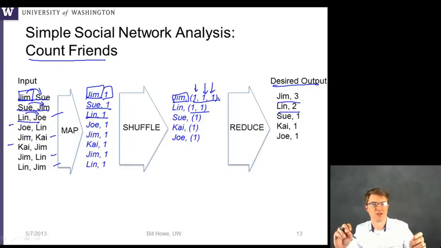Instead of documents producing words and counts, it's even simpler. For every record, just produce a single count for that person that the record represents, the person on the left-hand side. Okay. And after that, the reducer is literally exactly the same, right? It'll add up all the occurrences and produce a single number.